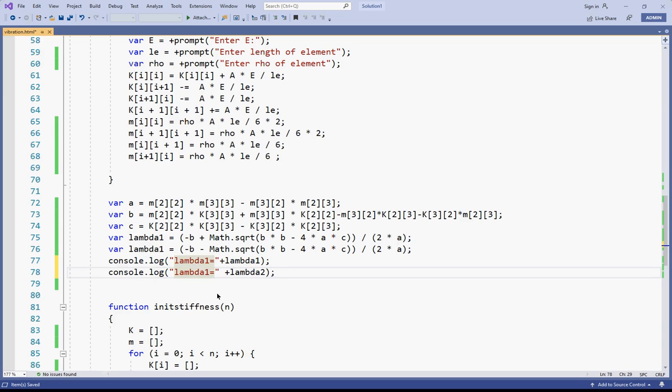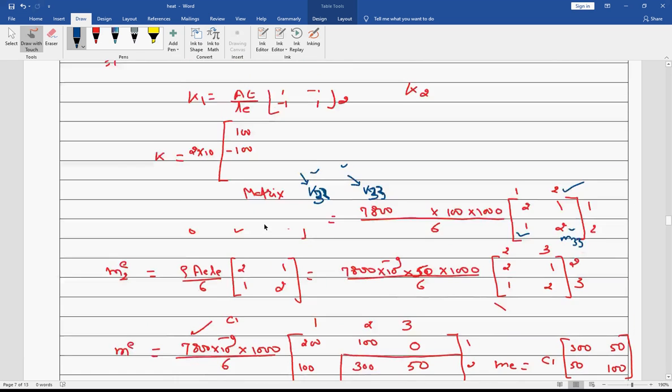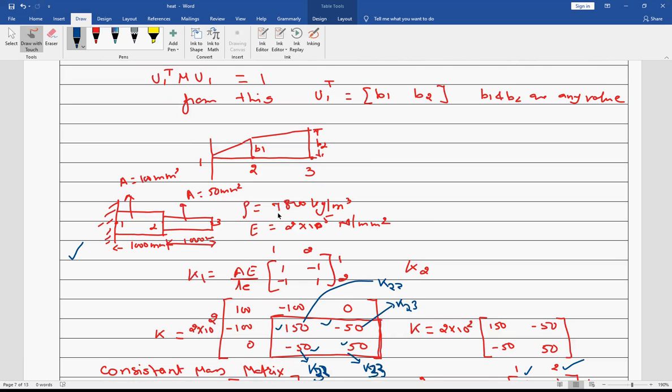Here also the same thing, I can put lambda 2, so I'll understand which value is which. I just hit save. What were the values: area 100, 50, length 1000, 1000, density 7800 and E as 2 into 10 to the power 5. Now I just reload this.